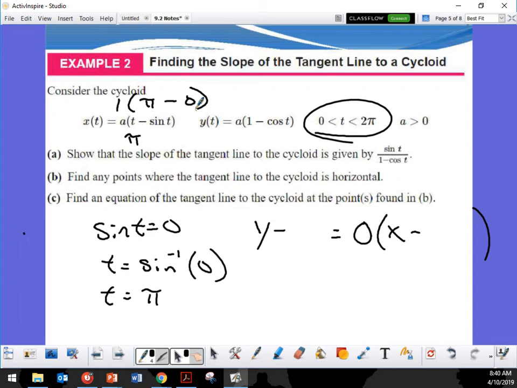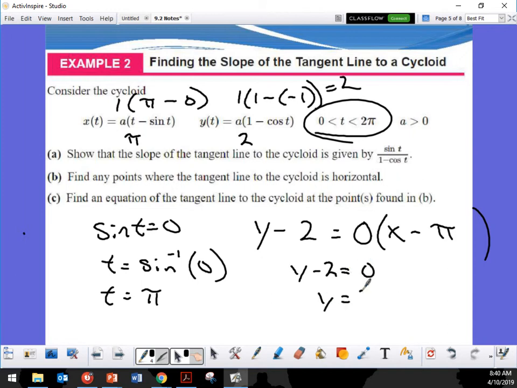Do the same thing for y. It's going to be 1 times the quantity 1 minus cosine, which is negative 1. So that's going to give me 2. So my point is going to be pi comma 2. So for this one right here, I'm going to get y minus 2 equals 0, so y equals 2.